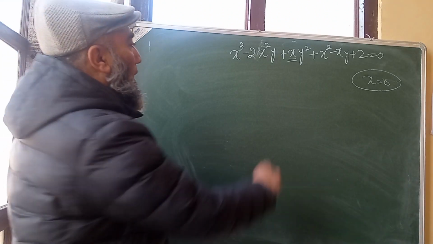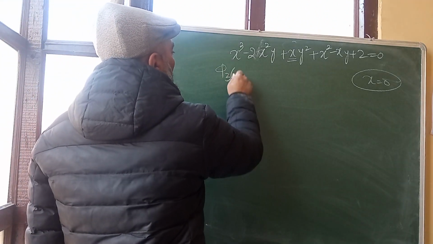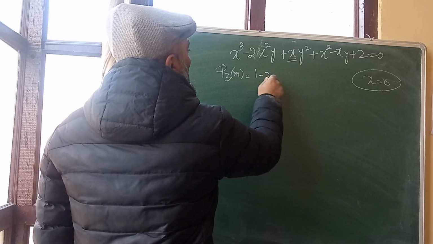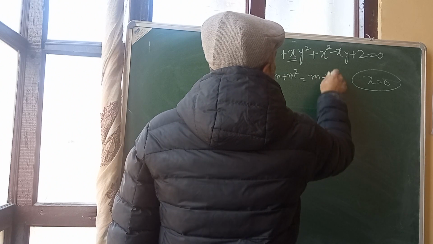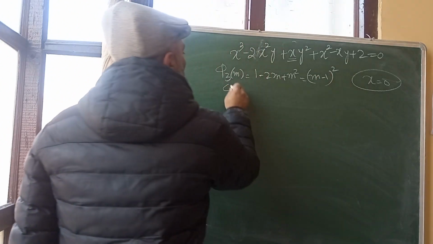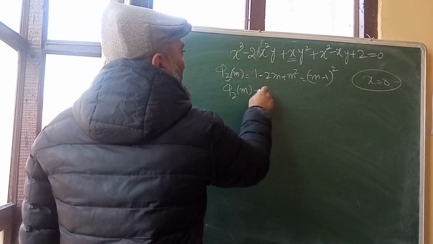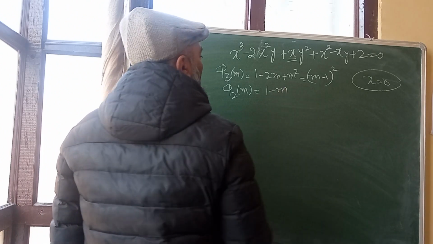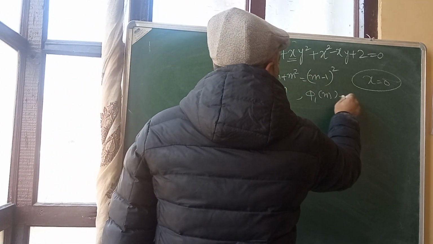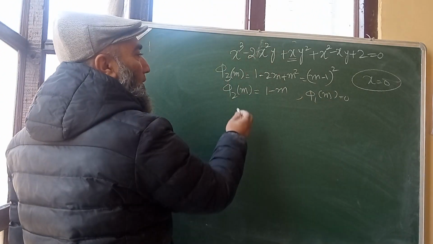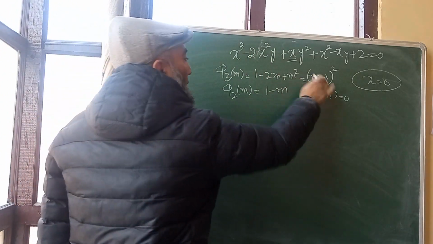Okay, now I have to find phi 3m. It is 1 minus 2m plus m square, so it is m minus 1 whole square. Phi 2m is 1 minus m. Phi 1m is 0. Now you have two repeated roots, 1 and 1.